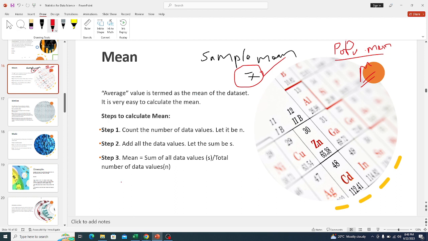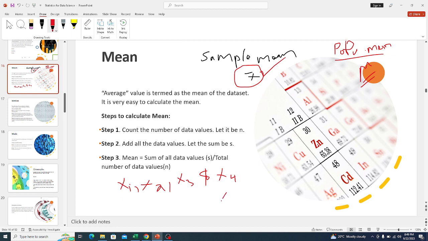So let's assume you are given x variables, like we have x1, x2, x3, and maybe x4. X4 can be values. So how can we get the mean of all these x variables?